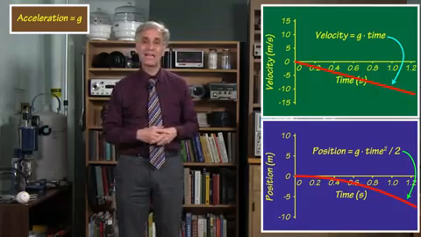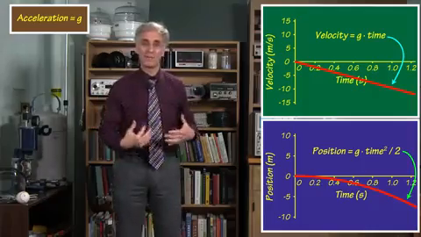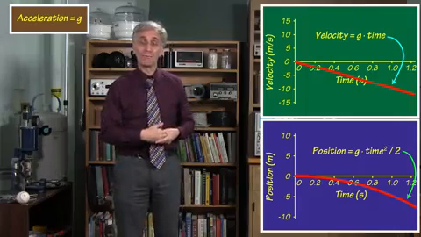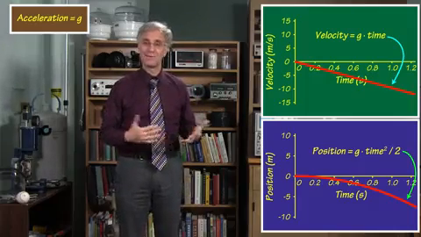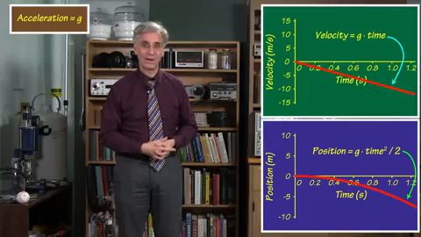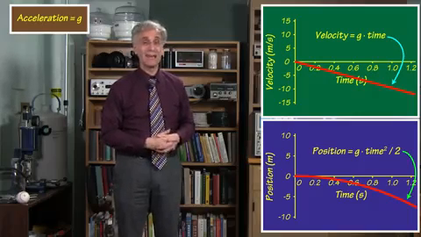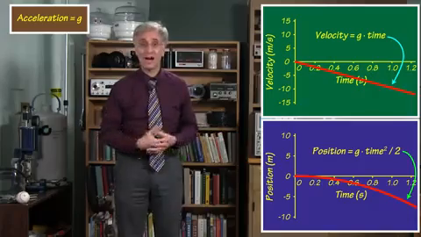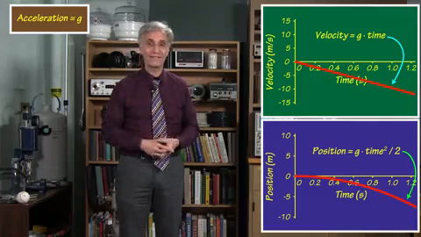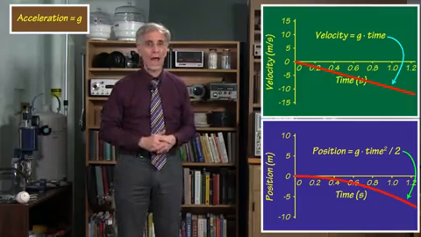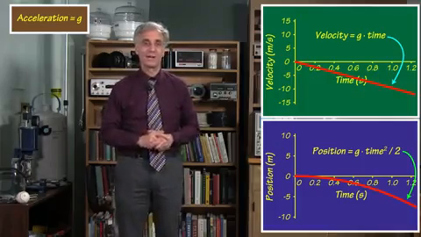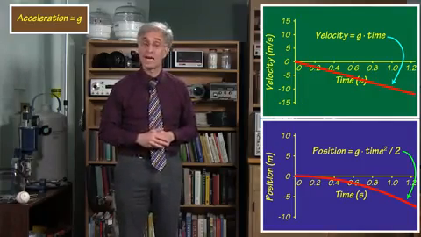And that kind of formulaic relationship between position and time gives you an arc if you plot it against time. If you plot time squared, or anything proportional to time squared, against time, it gives you an arc, and the shape of that arc is parabolic. The mathematicians would identify that and go, oh, that's a special kind of arc. It's a parabola, and parabolas show up all the time in falling objects, and we'll see more of them later on in this episode.